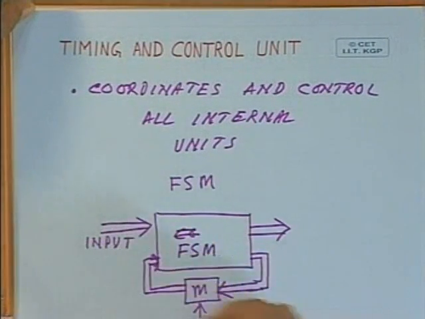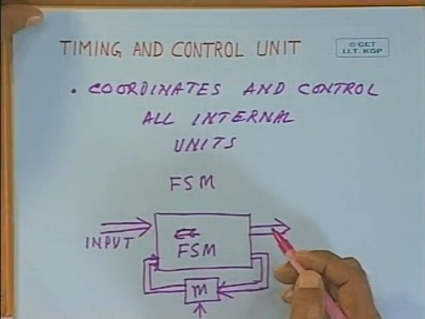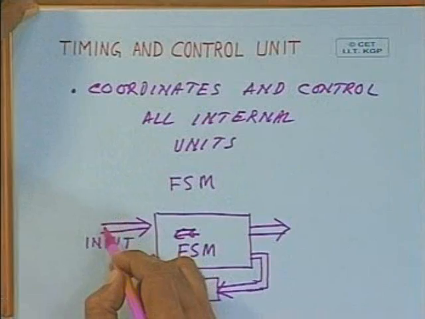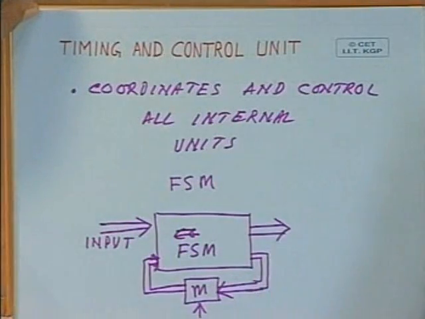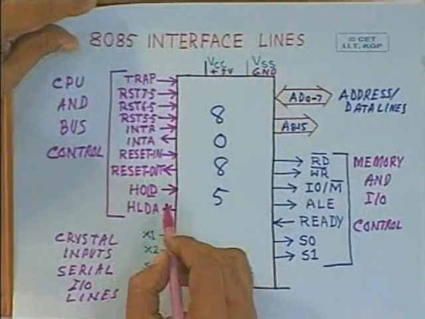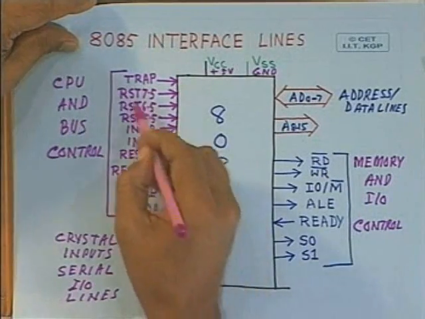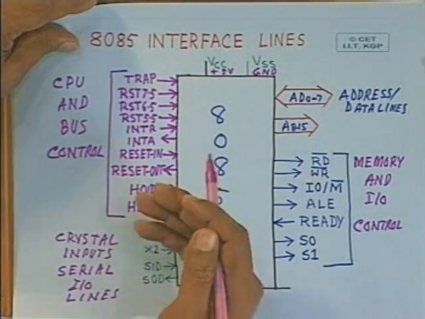And the way the control unit operates, it acts like an FSM. You will see that it will receive some inputs like the inputs that I have discussed. Those inputs coming from, say, hold acknowledge, hold request, interrupts, and also some inputs will be coming after decoding the instruction.